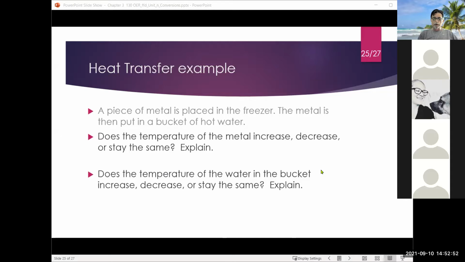Boiling hot, you got a piece of metal in the freezer and you stick it in the hot water. What's happening to the temperature of the metal? What do you guys think? Would that metal increase temperature-wise, or would it stay the same?